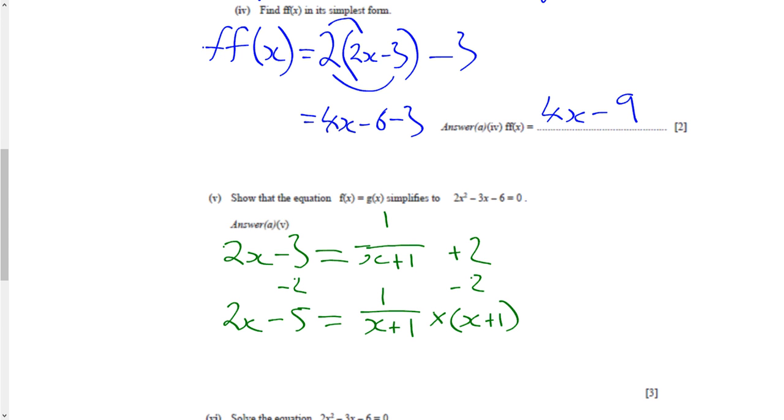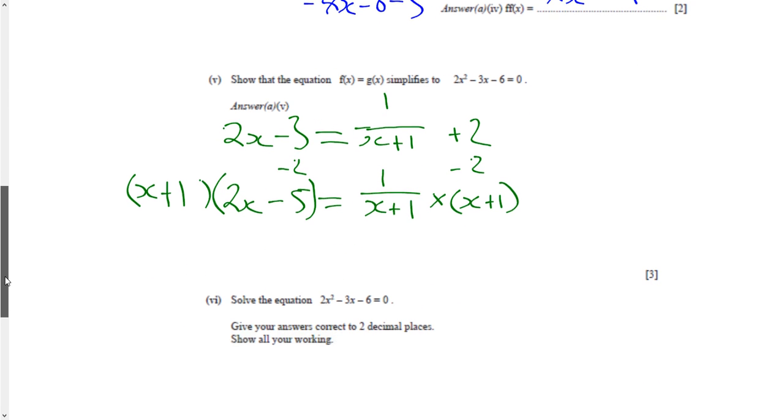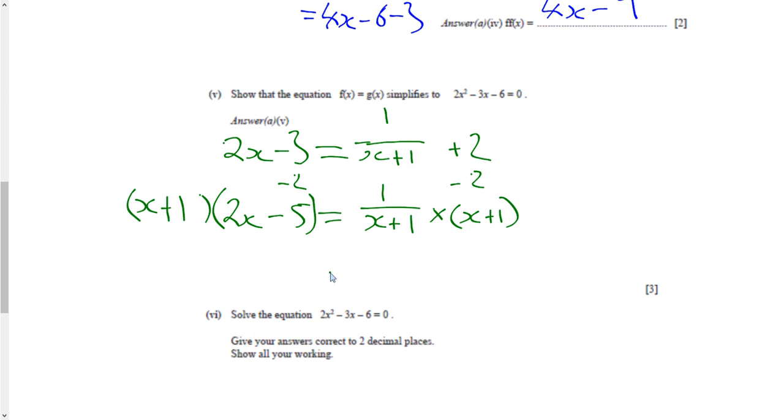Number one rule of an equation, what I do on this side, I must do on the other side over here. So I'm going to multiply this side here by x plus 1. Let's just put brackets there. Now these two will cancel out, so I'll just end up with my 1 on its own. And here I can implement our friend FOIL. FOIL, or Mr. FOIL as some people say, says that we multiply the first terms, the outside terms, the inside terms, and then finally the last terms.